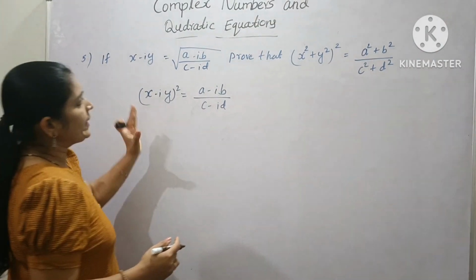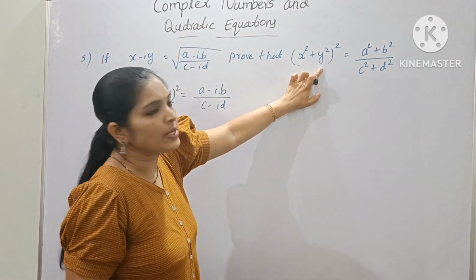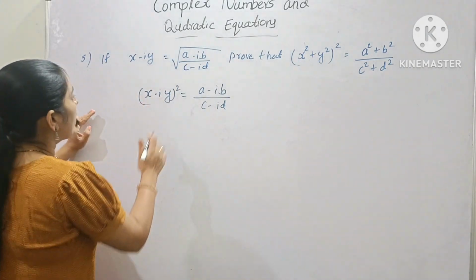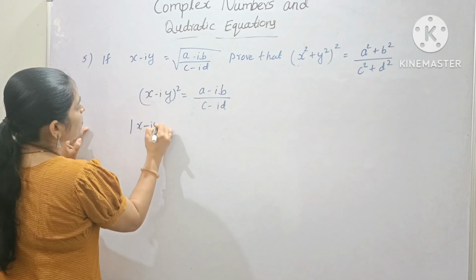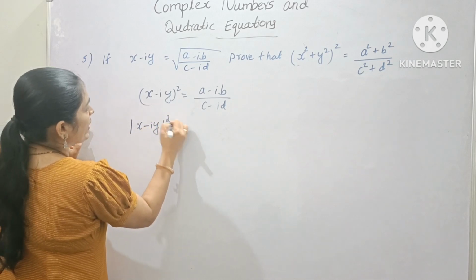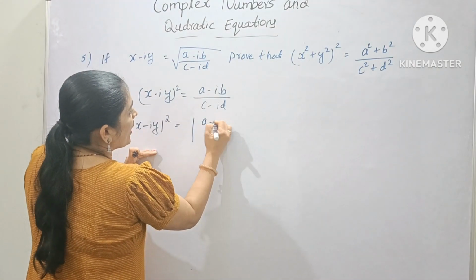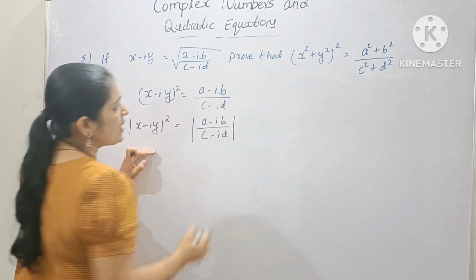Then let us take modulus. Why? Because x² + y² is the square of the modulus of x − iy. Now let us take modulus on both sides. So the modulus of (x − iy) whole square is equal to the modulus of (a − ib) divided by (c − id).